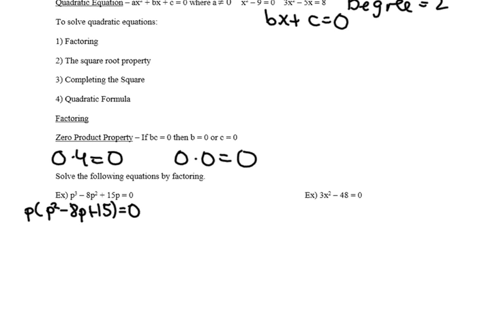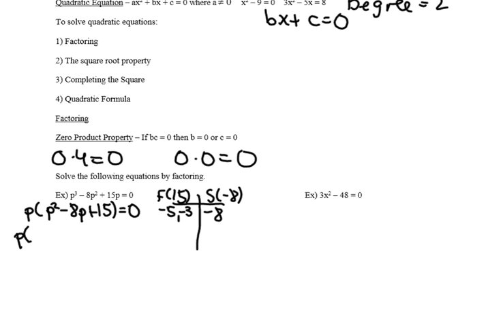Now, let's factor the trinomial inside the parentheses. If you recall, you want to find factors of 15 whose sum is negative 8. Well, that's got to be negative 5 and negative 3, because negative 5 plus negative 3 is negative 8, and negative 5 times negative 3 is positive 15.